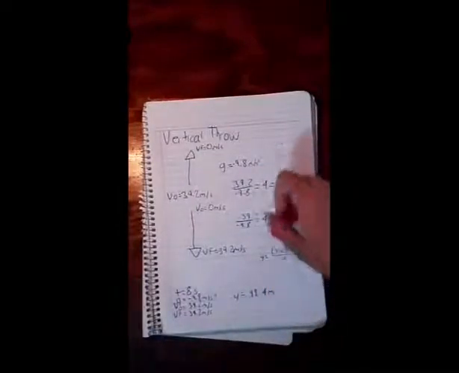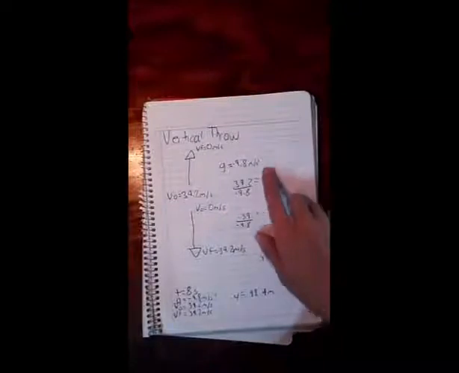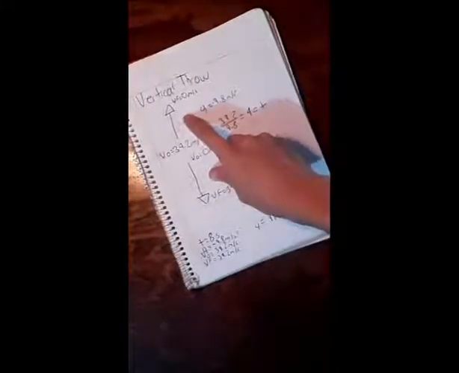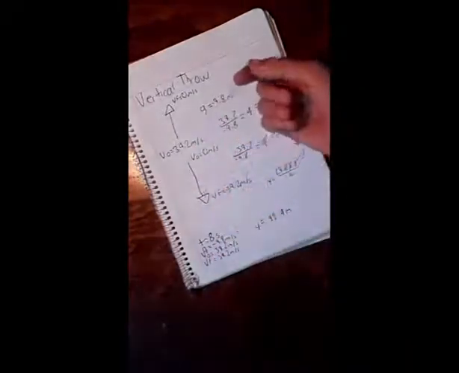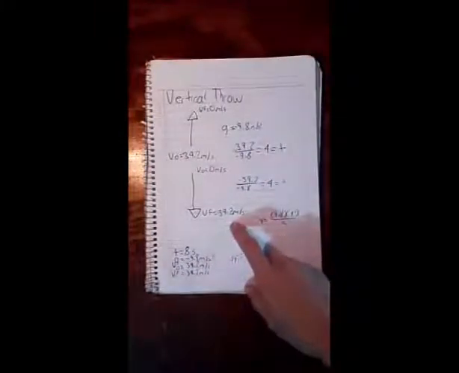If we add the 4 seconds going upward and going downward, the total time is 8 seconds. The gravity will be negative 9.8 meters per second squared. The initial velocity of the first vector will be 39.2 meters per second, and the final velocity will be the final velocity of the second vector, which will be 39.2 meters per second in negative.